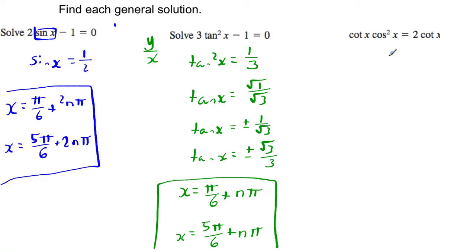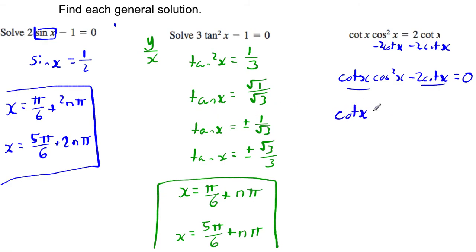So instead, what we could do is subtract 2 times cotangent of x from both sides. So we get cotangent of x times cosine squared of x, minus 2 times the cotangent of x is equal to 0. Now, because there are 2 terms with a common factor, we can factor that out.